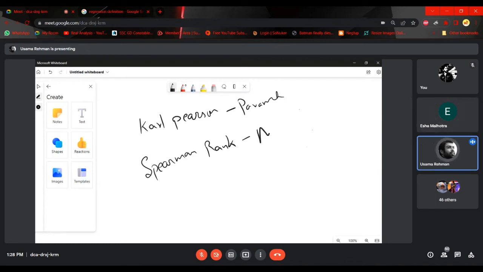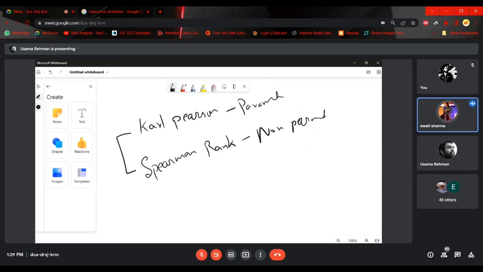This method is non-parametric. इन दोनों में से कोई भी एक सम सॉल्व करने के लिए आएगा. Either they will give Karl Pearson or they will give Spearman rank. And if you put your focus on how we are solving both the sums, you will come to know one difference about parametric and non-parametric. ठीक? Okay, sir. Start करें? Yes, sir.